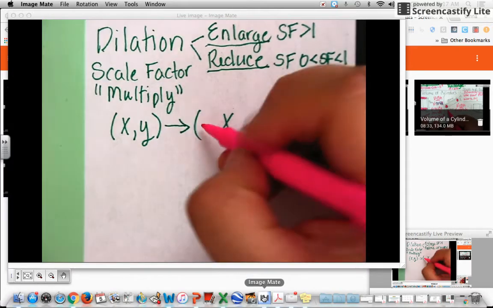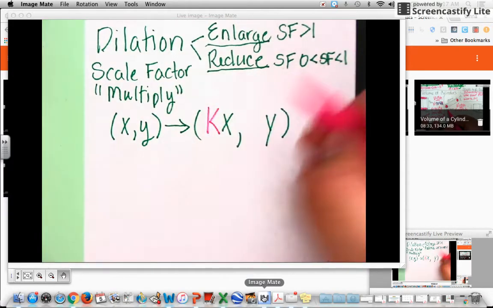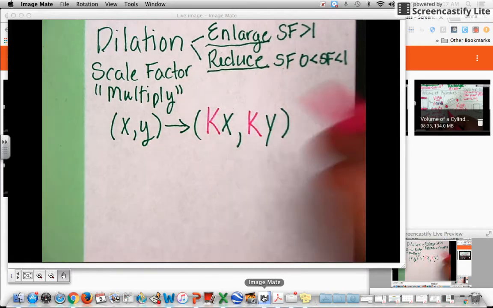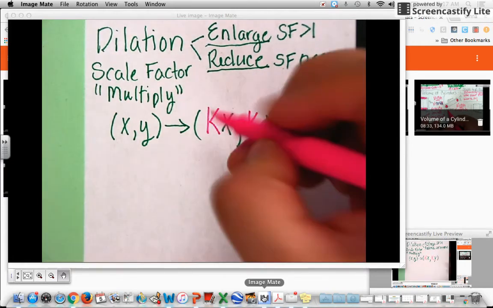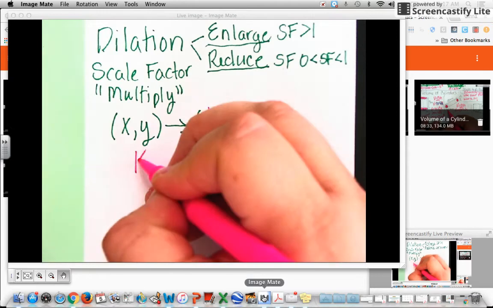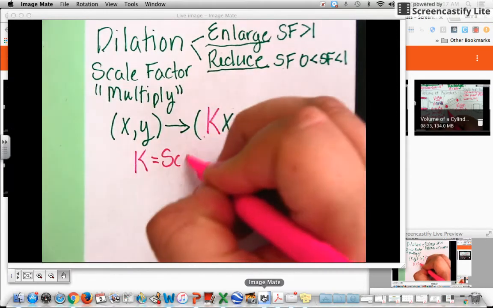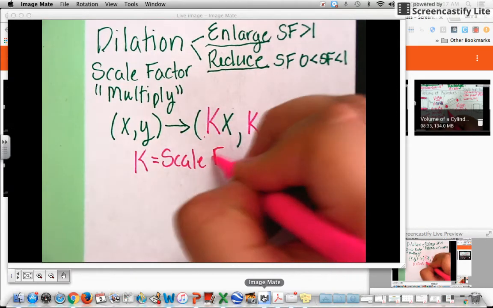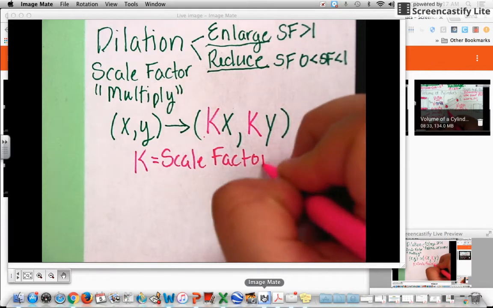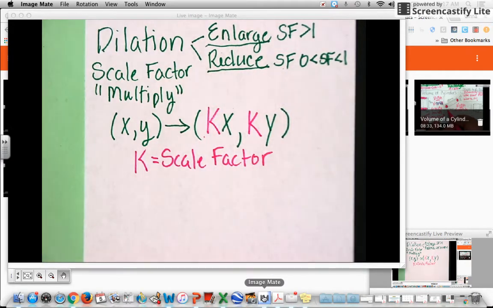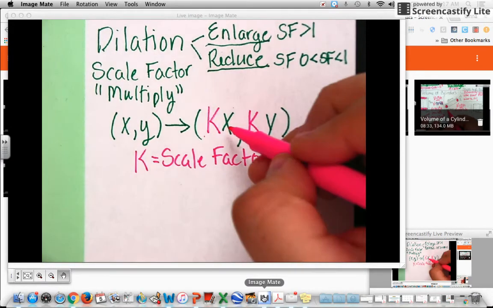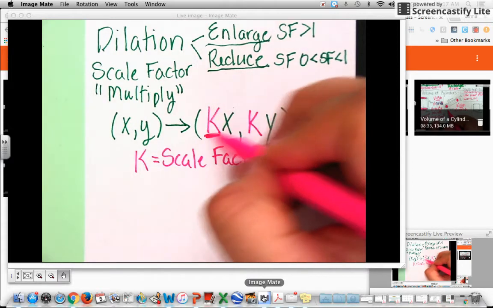We are multiplying by k. This is your scale factor. So k is equal to your scale factor. That means whatever we're going to multiply by goes wherever you see the k.